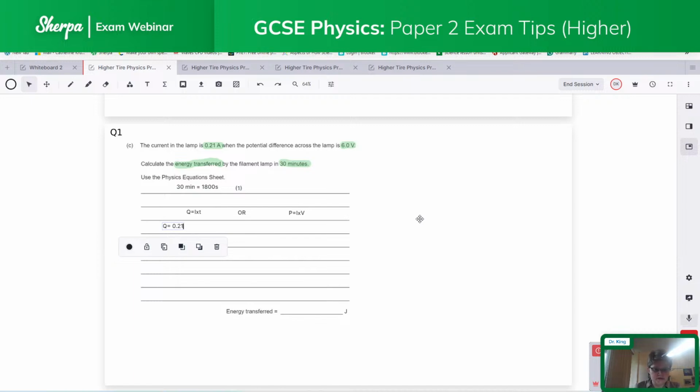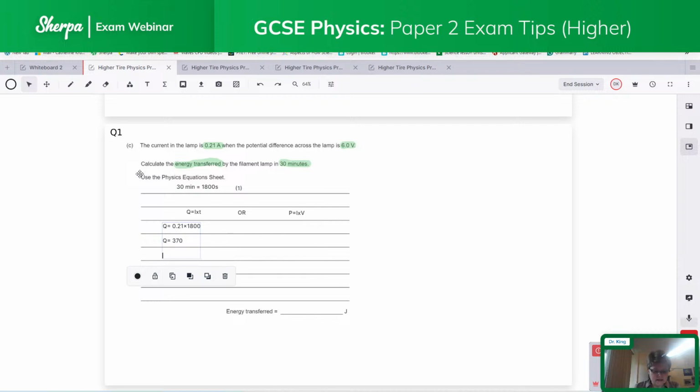It's 0.21 times 1800. Important information for you: even if at that stage you make a calculation mistake, but your calculation has a logical way of doing it, you will carry on achieving your points. So it's important to carry on with your calculation, which is 378.